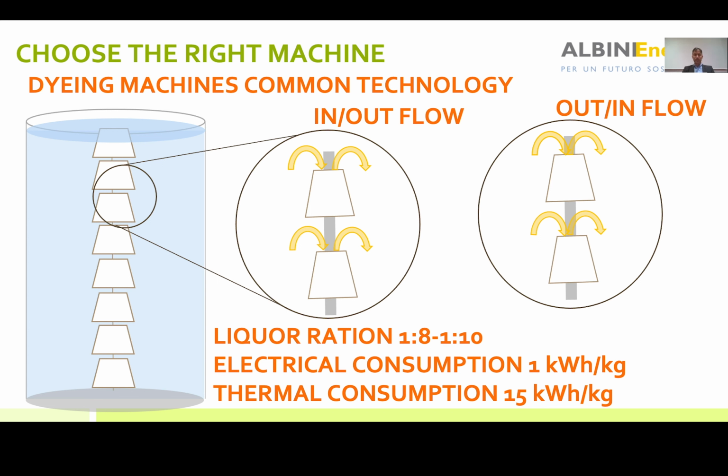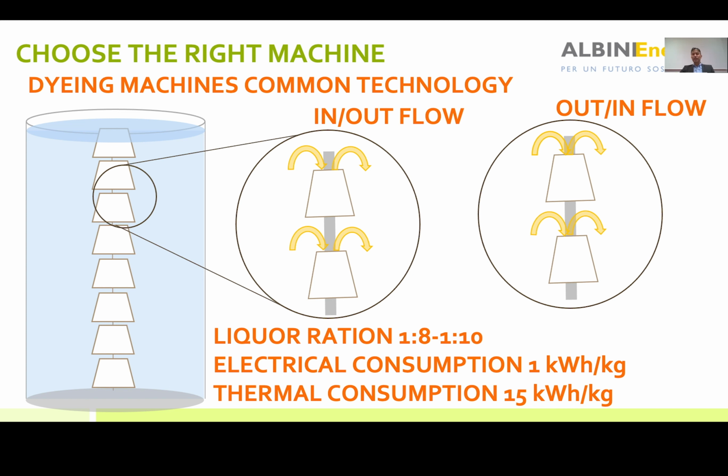In the air pad system, you pressurize your device by using compressed air instead of water. In this way, the liquid ratio, which is the ratio between the liters of water and the kilograms of your bobbins, so the kilograms of your yarn, can drop from 1 to 10, which is the normal solution with a fully flooded system, to 1 to 8.